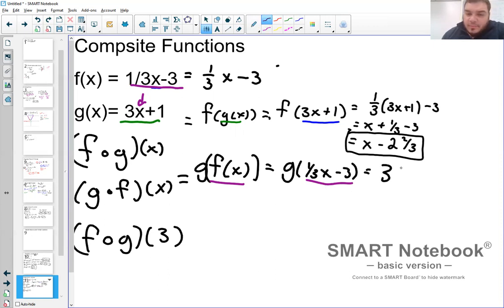So it's going to be 3 times 1/3 x plus 1, minus 3. So I'm going to distribute a 3. 3 times 1/3 is x. 3 times 1 is 3, so plus 3. Then you have a minus 3.